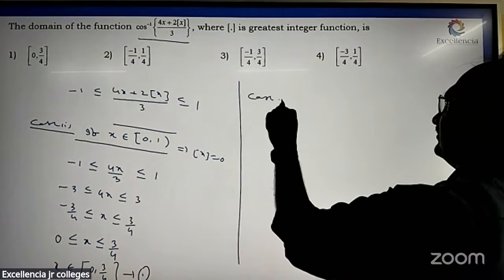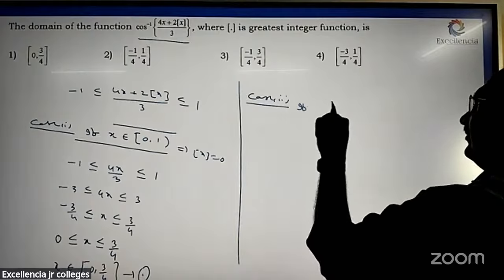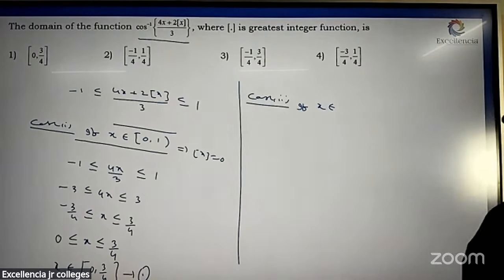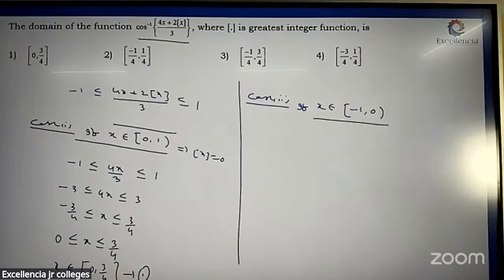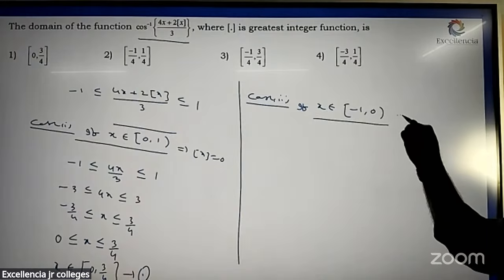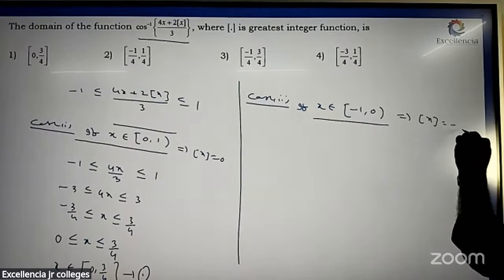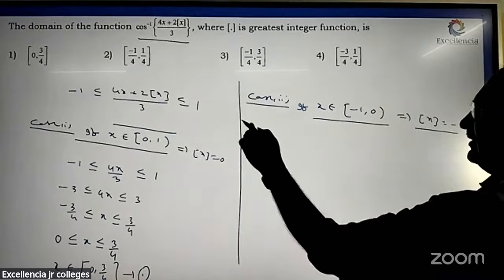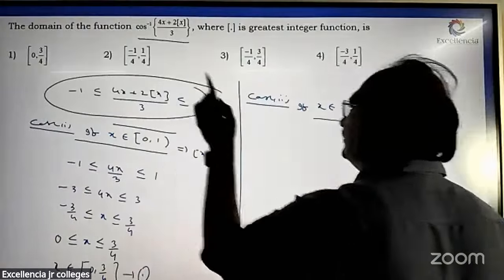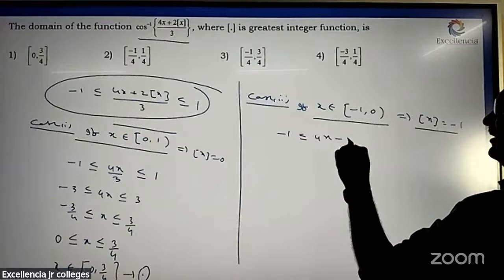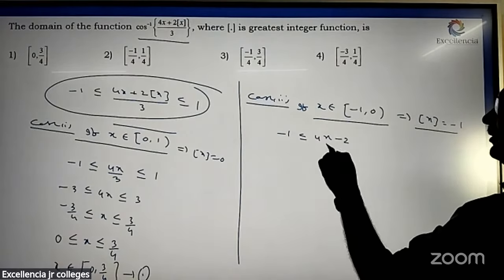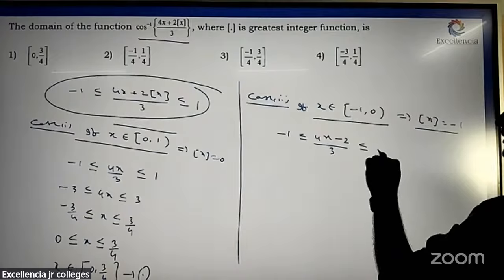Case 2 is, if x belongs to closed interval minus 1 to 0. In this case, minus 1 less than or equal to x less than 0, step x is minus 1. So this becomes minus 1 less than or equal to 4x minus 2 by 3 less than or equal to 1.